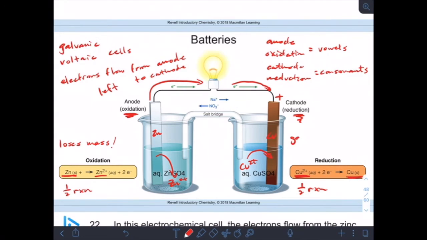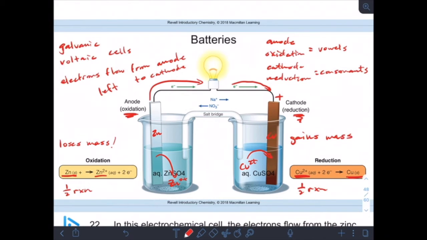So the cathode side gains in mass. We're talking about the electrodes, those pieces of metal, losing or gaining mass. And this will continue spontaneously until there's no more solid zinc electrode left over.